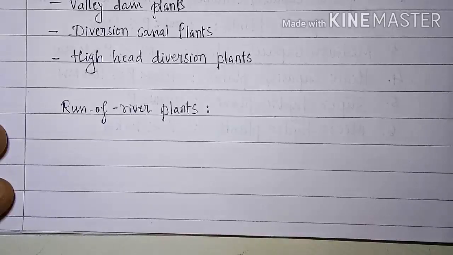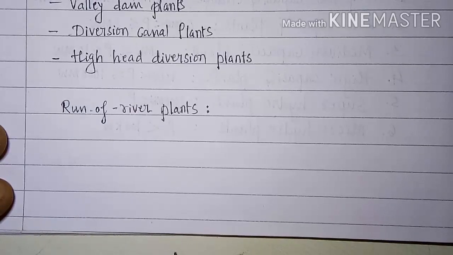These plants are special type of hydroelectric power plants because these do not make use of dams or very large sized reservoirs to store the water. These plants need only a very small sized reservoir to store the water.